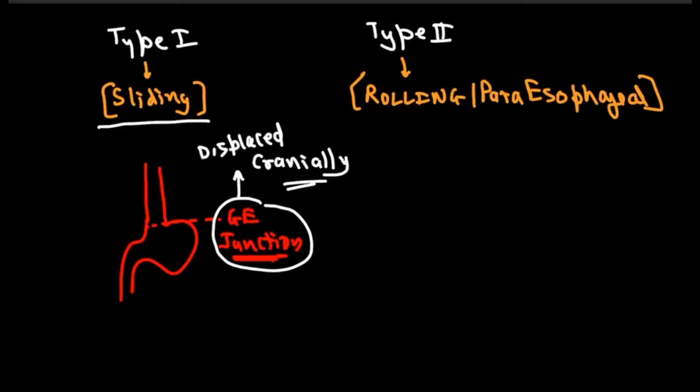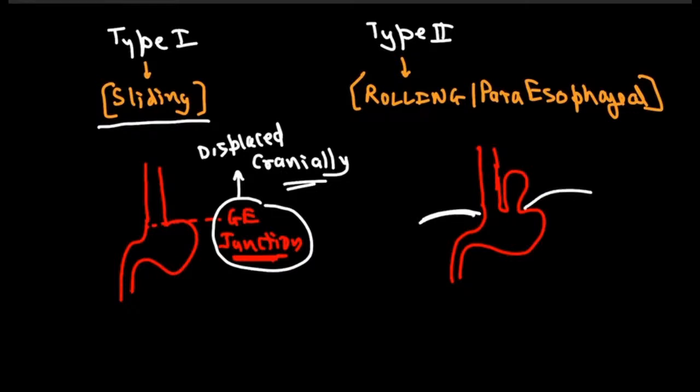On the other hand, in the rolling or paraesophageal hiatus hernia, this is your esophagus, this is your stomach, and here you have your diaphragm. A part of the stomach is going into the thoracic cavity, and the rest of the stomach is still in the abdominal cavity. The GE junction is at the normal position.